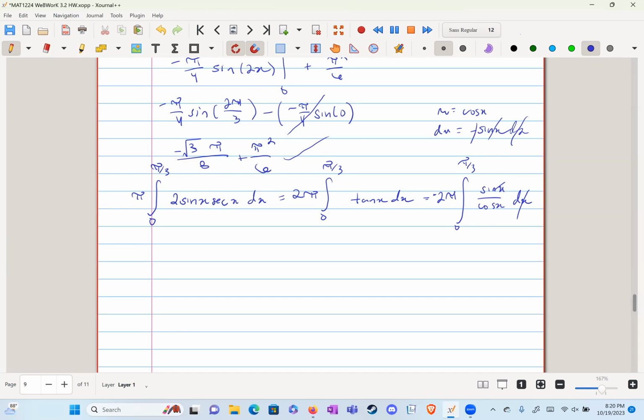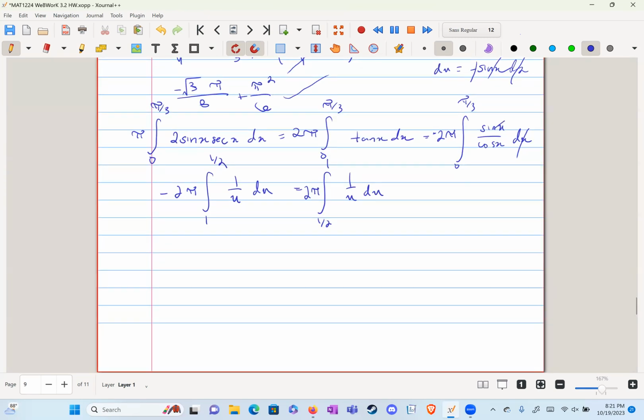We need new bounds of integration, so we have negative 2 pi times the integral of 1 over u du. Our new bounds are cosine of 0, which is 1, and cosine of pi over 3, which is 1/2. Switch our bounds of integration around, you get 1/2 to 1, positive 2 pi, 1 over u du, which is just a nice ln.